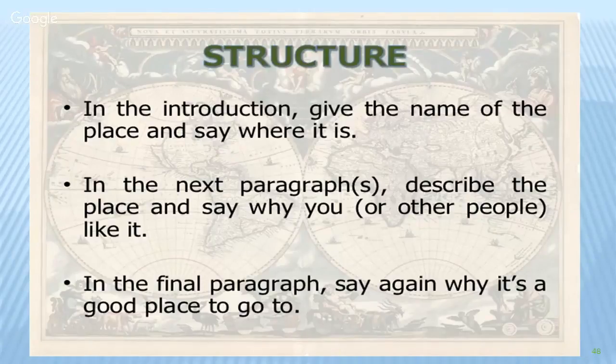So in the next subsequent sentences, you must describe that place, and why you liked that place, or if not you, at least why other people, people in general, like it. In the final paragraph, say again why it's a good place to go to. So here, let's not talk about paragraph, let's make it sentence. In the concluding sentence, you must say how good that place is.